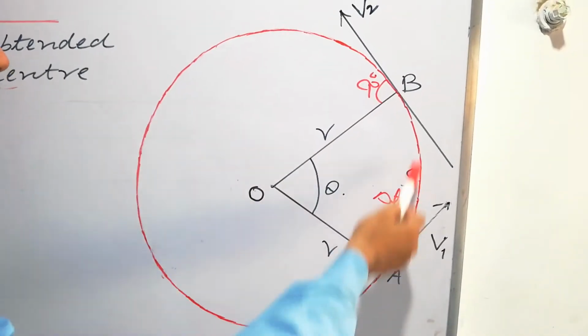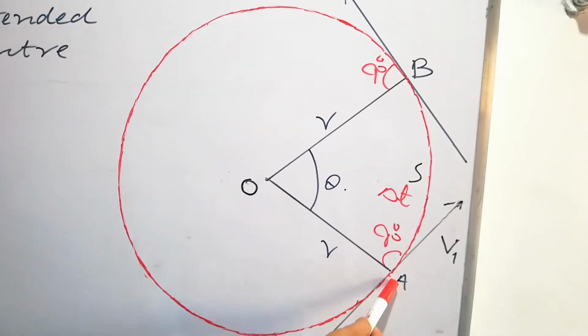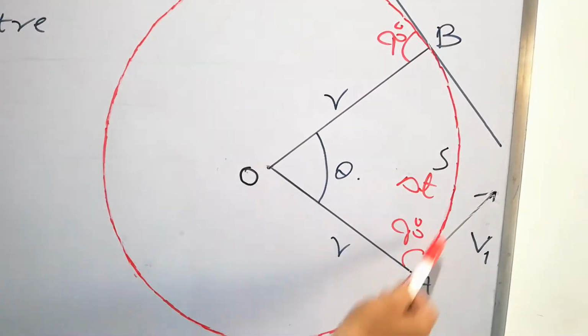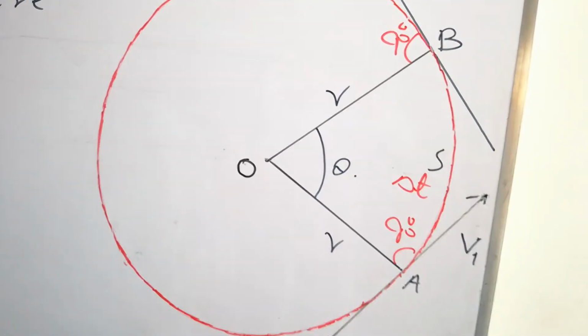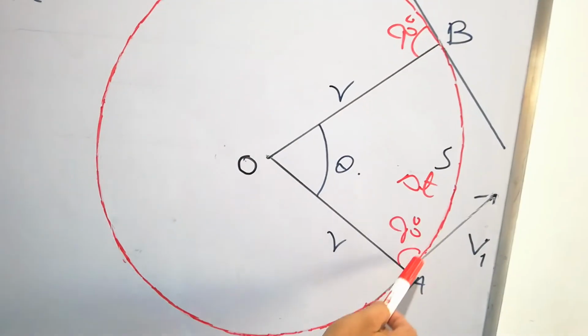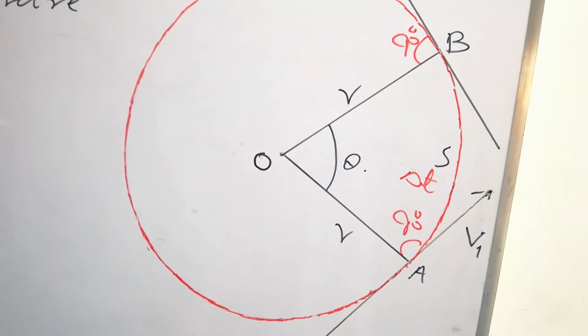And the distance between A and B is an arc, denoted by S. The body takes a time delta t from A to B.